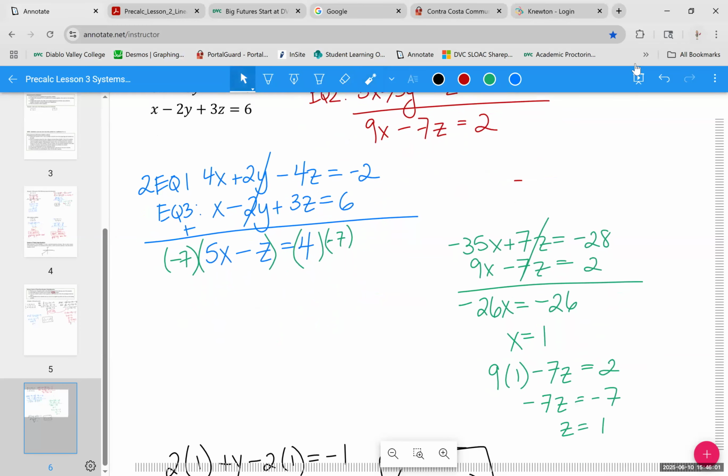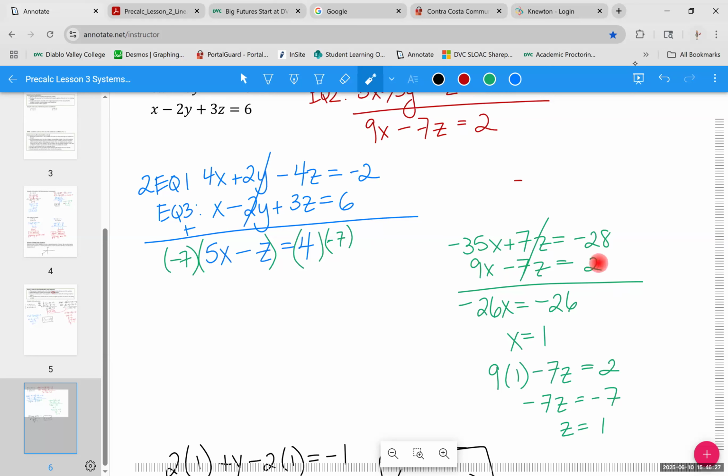So then, with these two equations, I decided to use elimination this time. So I multiplied this equation by -7 on both sides so that my z's would line up as opposites. So when I multiplied it by -7, that's over here, just pulled this one down, canceled the z's, and solved for x.